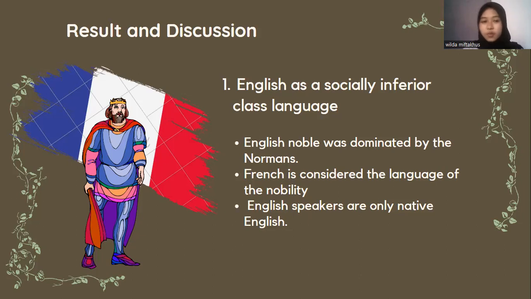For further information, the use of French continued until the 13th century. The main factor of the long use of French is the good relationship between the Norman government and the British government.